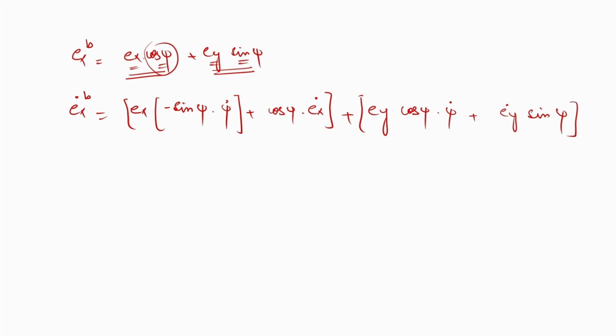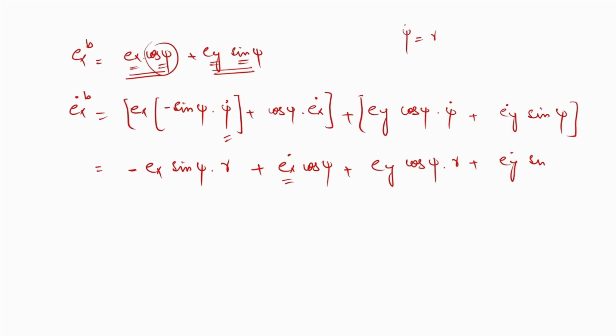Now we are going to substitute this psi dot. If you remember from kinematics, this was equal to r, and then we will do the simplification. So this will become minus ex sine psi, and this psi dot will be replaced with r, so this will be r, plus ex dot cos psi, which stays as it is. Let's see what we can do with ex dot later on. This becomes ey cos psi r plus ey dot sine of psi.